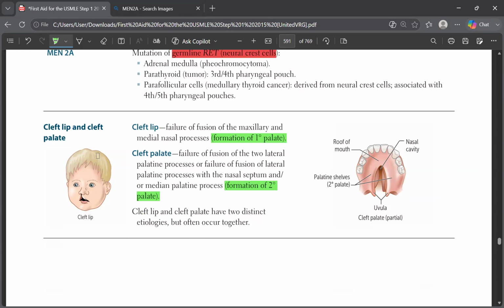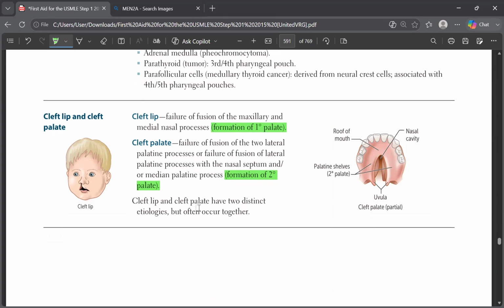So, cleft lip is failure of fusion of the maxillary and medial nasal processes, or the primary palate formation, and cleft palate is defective formation of the secondary palate, or fusion of the two lateral palatine processes, or fusion of the lateral palatine process with the nasal septum. Medial nasal process with maxillary, lateral nasal process with the nasal septum. These fusions are defective.